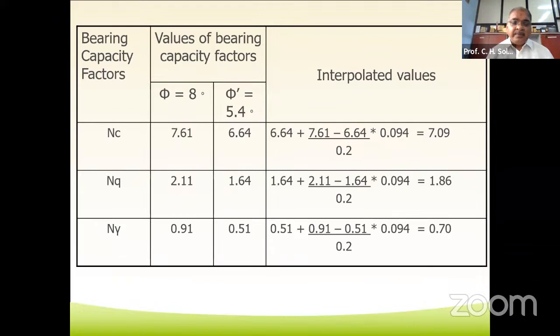Now you see that for phi equal to 8 degrees, the case is considered to be intermediate shear failure as the void ratio is 0.656. The intermediate values of Nc, Nq, and N gamma have been computed, which are presented here for computation of the safe bearing capacity.